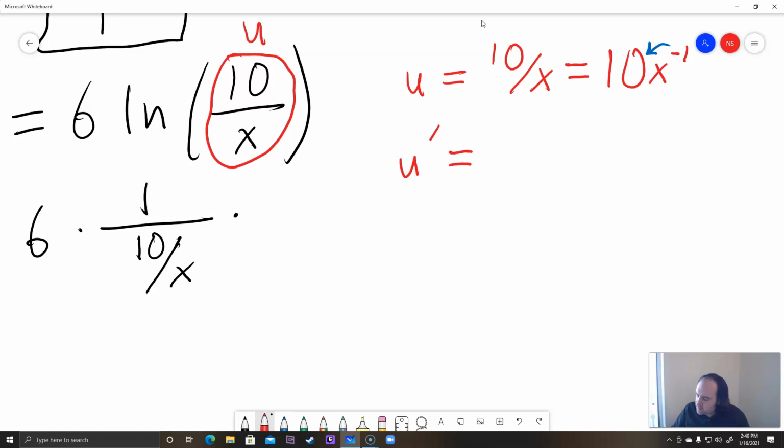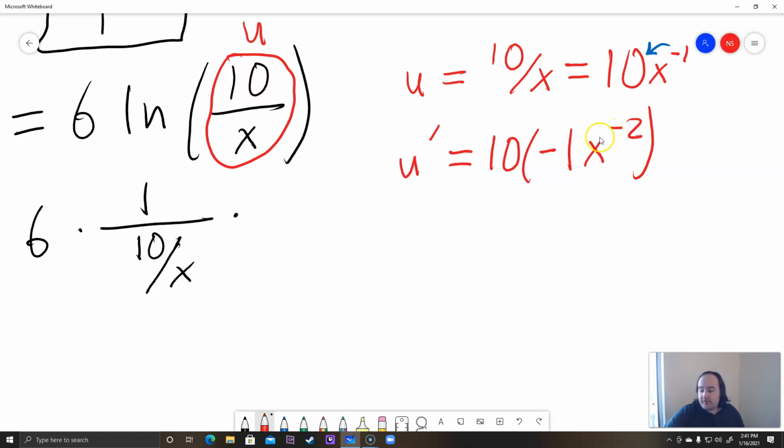Okay, so bringing the exponent out front, we have 10 times negative 1 times x to the negative 2. So all I did there was the power rule. I just brought the negative 1 out front, and then I subtracted 1 from the exponent, so it became negative 2. So we actually get 10 times negative 1x to the negative 2.